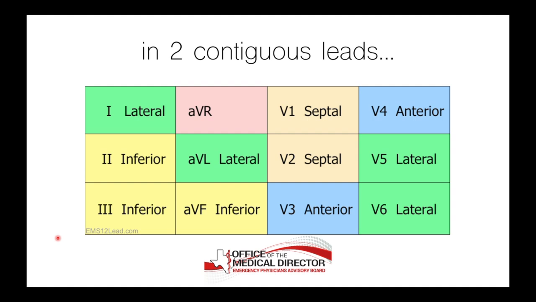We've probably all seen some variation of this chart, but essentially your contiguous leads would be your lateral leads, I and aVL, your inferior leads, II, III and aVF, your septal leads, your anterior leads, and your lateral leads.